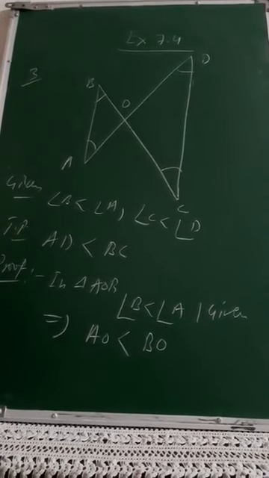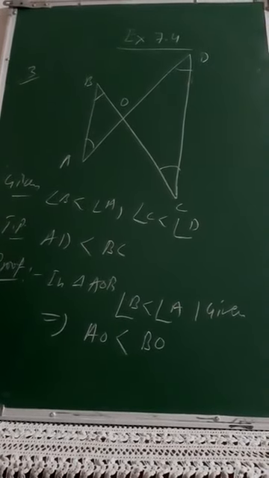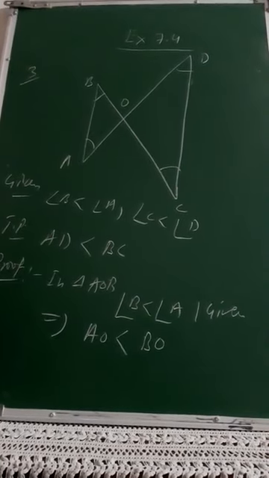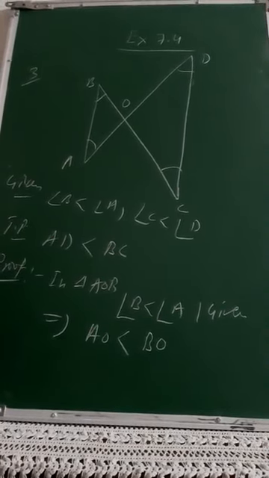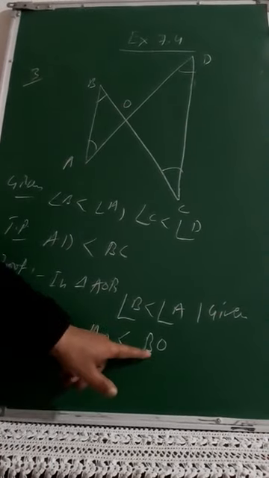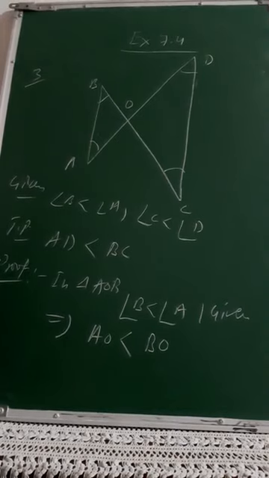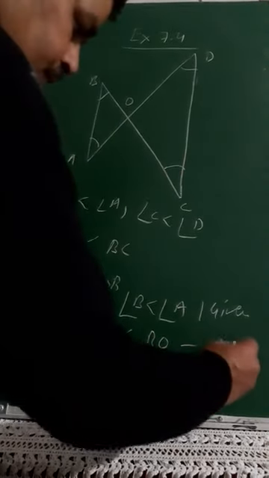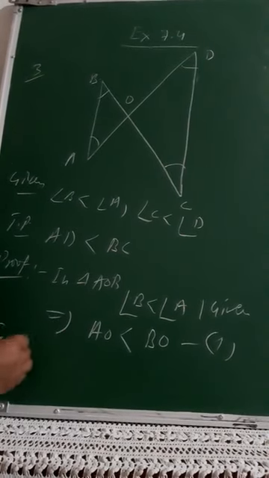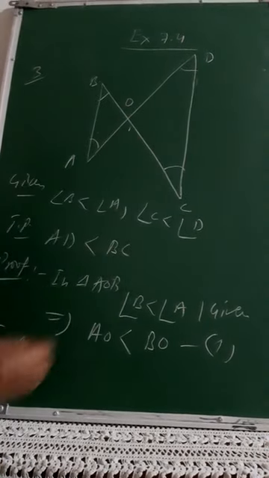Am I clear to you? If B is less than A, the side opposite to B is AO in triangle AOB, and the side opposite to A, which is the greater angle, is BO, so BO will be greater than AO. Take it as number 1. Now study the next triangle, triangle COD.